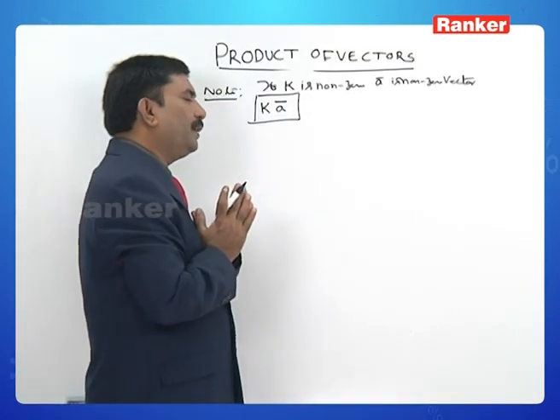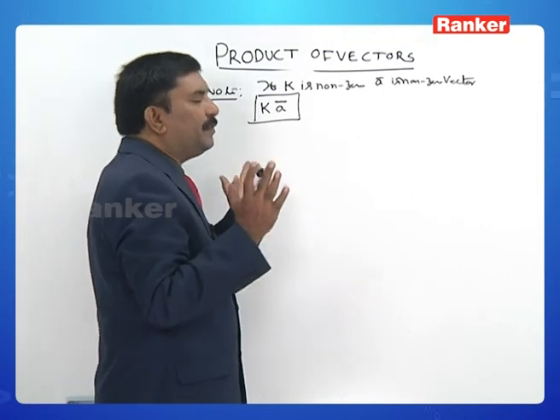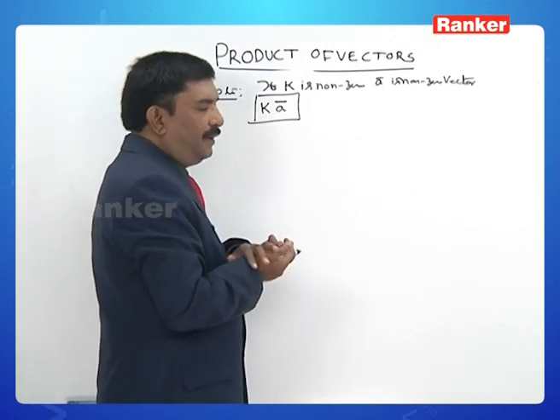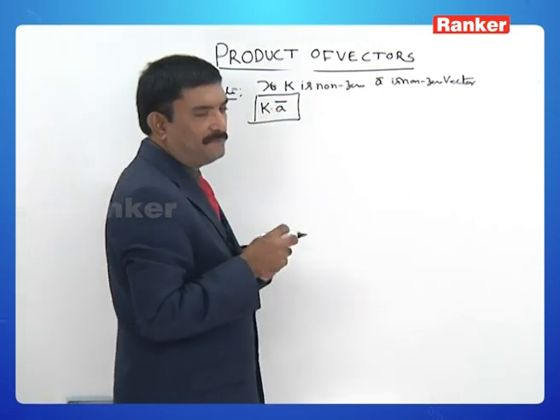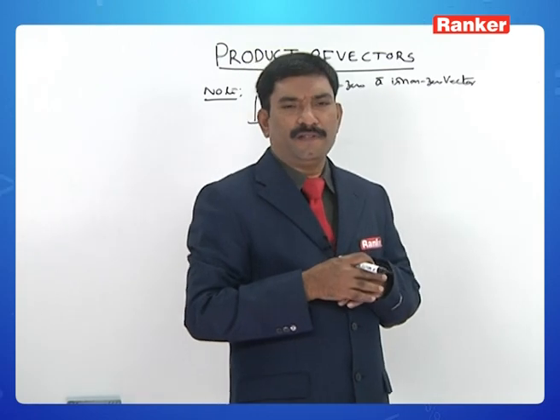What I want to know is, if it is a scalar multiplication of a vector, then it is defined. If I put a dot, it is not defined.